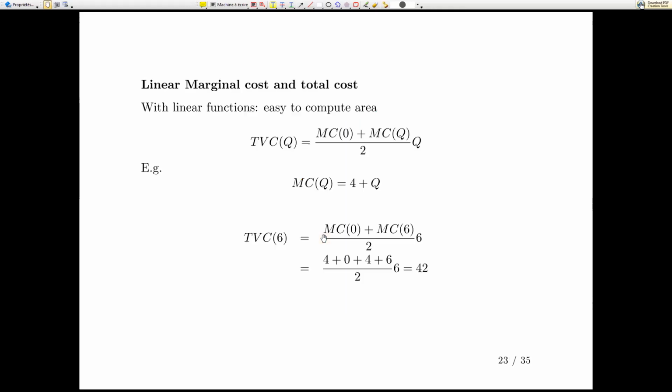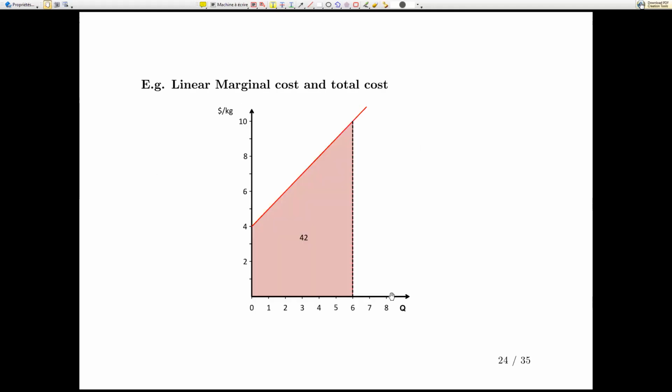So you don't need integrals to compute it. If the marginal cost is 4 plus q, it's 4 plus 4 plus 6, divided by 2, times 6, it's 42.